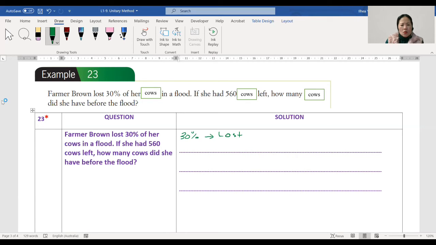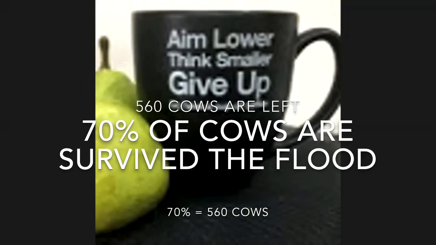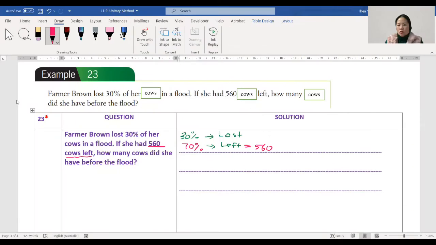So what percentage has she got left then? 70% left. Excellent, good job. So 70% left. Now, that 560 cows left is... Your favorite mistake in this case might be to say 30% equals 560.